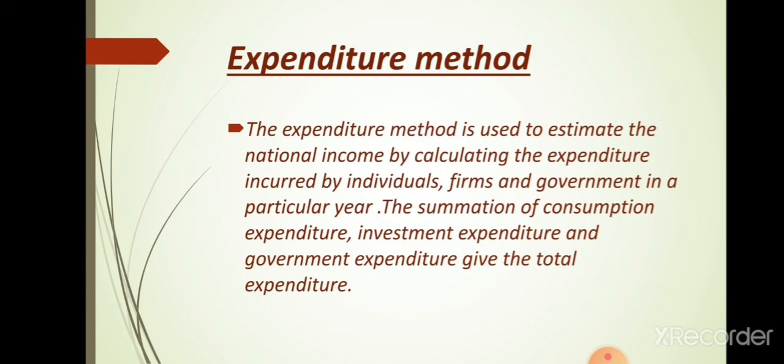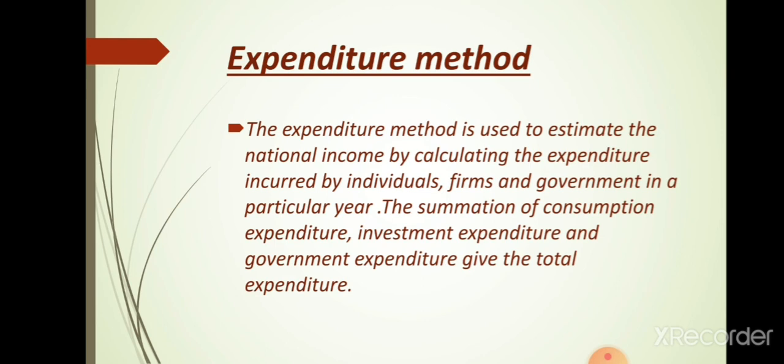Here we are adding up the expenditure incurred by individuals. Individuals means households: people purchasing goods and services needed for their daily life. Plus the firms, which produce things, purchasing the raw materials needed for the production process, and the government also spending the income received for the development of the country.